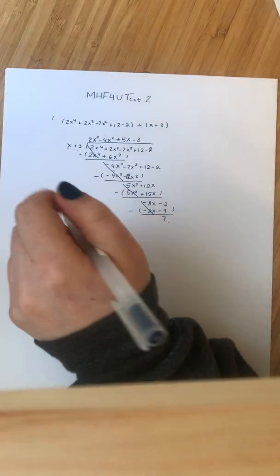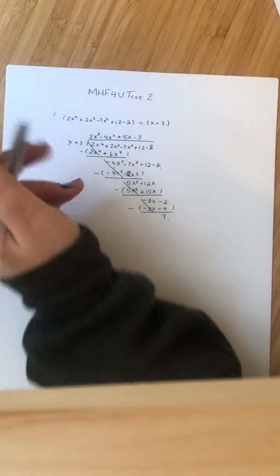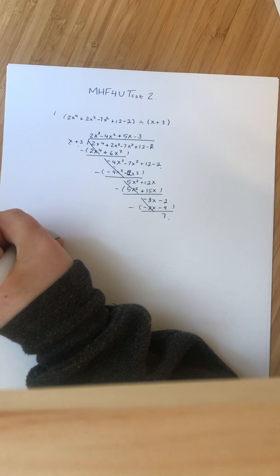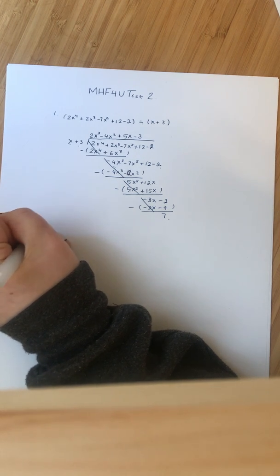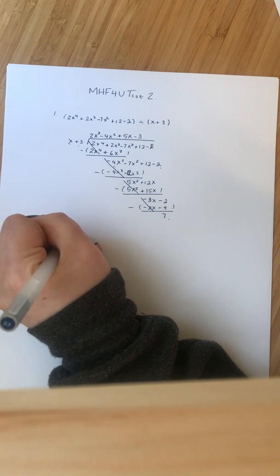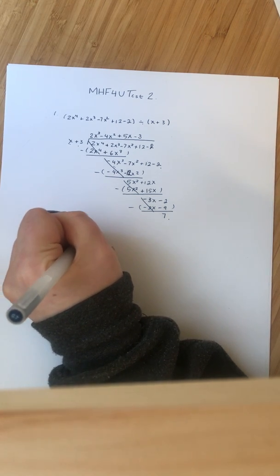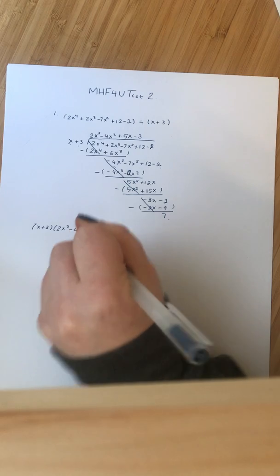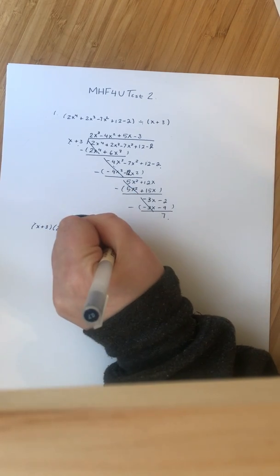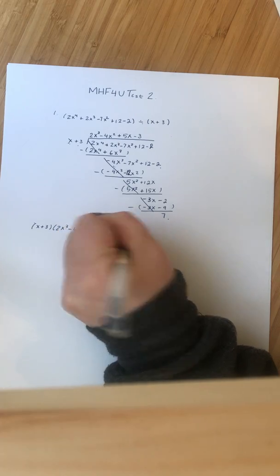So I write this as an equation. I say that this polynomial equals x plus 3 multiplied by 2x to the power of 3 minus 4x to the power of 2 plus 5x minus 3, plus the remainder 7.